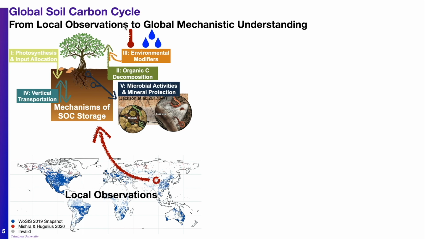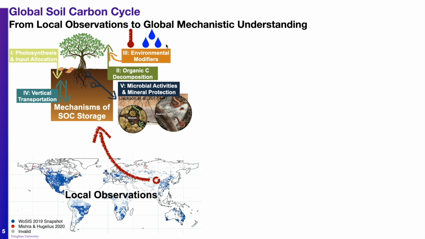Meanwhile, we also know that the decomposition process is important, where soil carbon can be decomposed back to carbon dioxide, and such processes can be strongly affected by the local environment, such as temperature and soil moisture.